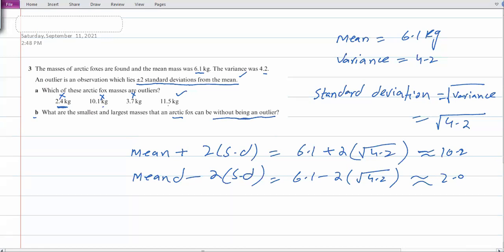We have only one outlier, so we cannot take this one. The other ones we can take, because these become the largest or the smallest values other than the outliers.